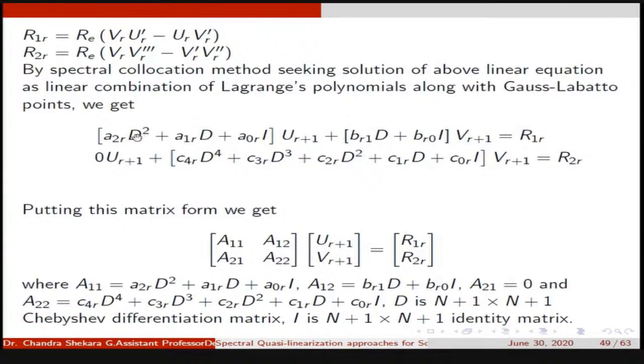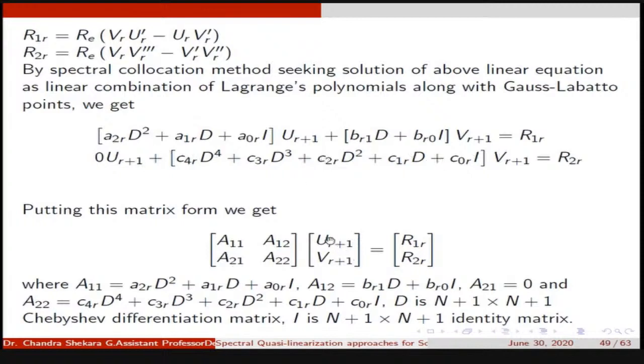Now we check here, D is the differentiation matrix. It is an n plus 1 by n plus 1 matrix. I is also an n plus 1 by n plus 1 identity matrix. So this system we can put in the following matrix form. You can take A11 as A2R D squared plus A1R D plus A0R I. Similarly, B1R D plus B0R I. And in the second equation, A21 is 0 and A22 is this operator.